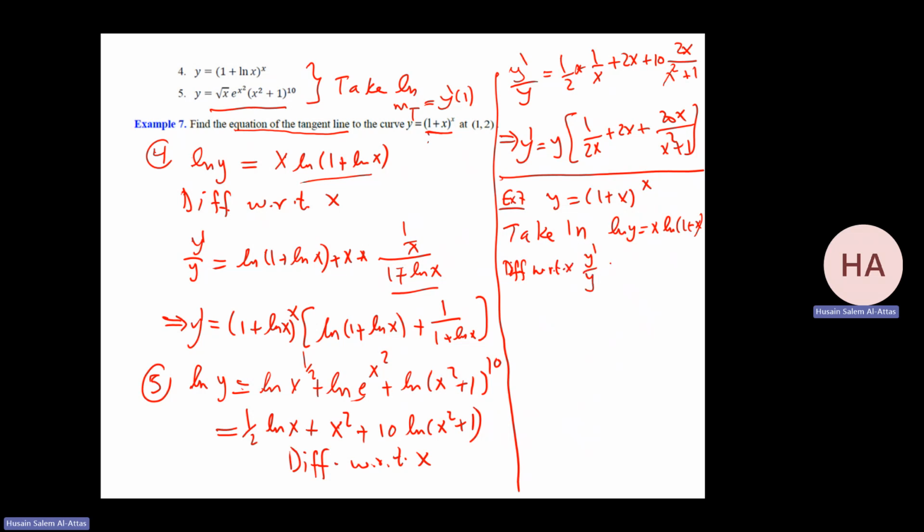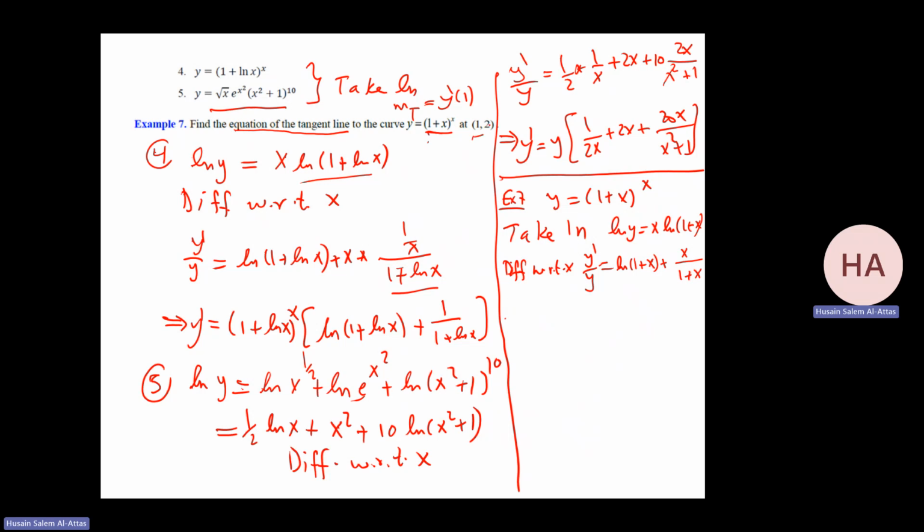I get y prime over y. This is a product of two functions: ln(1 plus x) plus x times 1 over (1 plus x). The derivative of 1 plus x is 1, so nothing to worry about. Okay, so y prime. Now substitute.